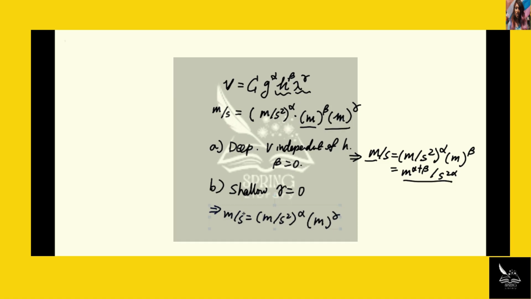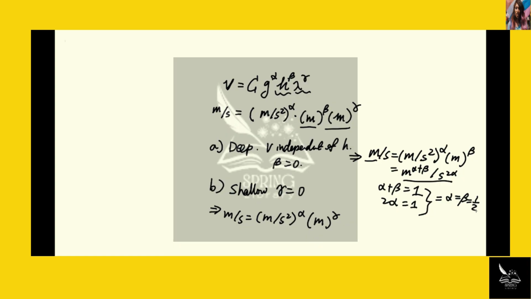So this gives us the relationship that alpha plus beta equals 1 and 2 alpha also equals 1. And this tells us alpha equals beta equals 1/2.